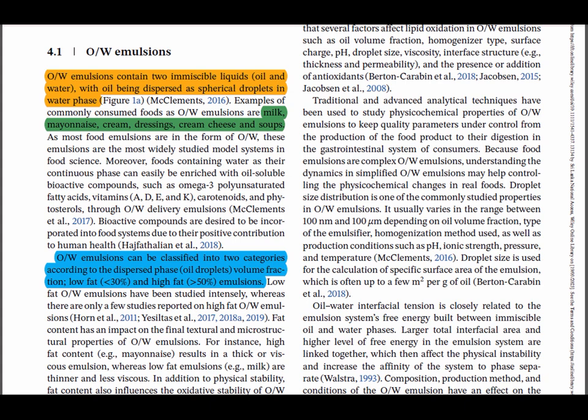Oil in water emulsions contain two immiscible liquids, with oil being dispersed as spherical droplets in the water phase. Milk, mayonnaise, cream, dressing, cream cheese, and soups are examples of oil in water emulsions. Oil in water emulsions can be classified into two categories according to the dispersed phase volume fraction, low fat and high fat.